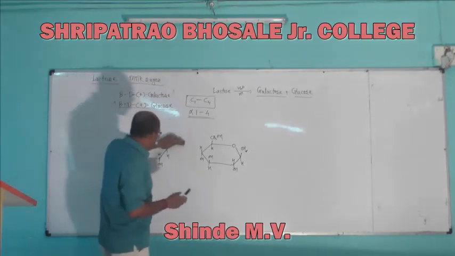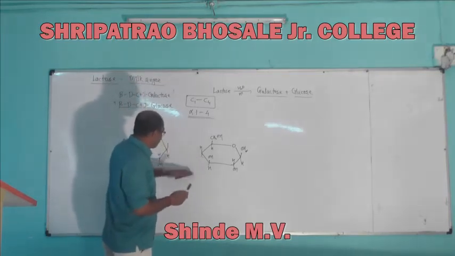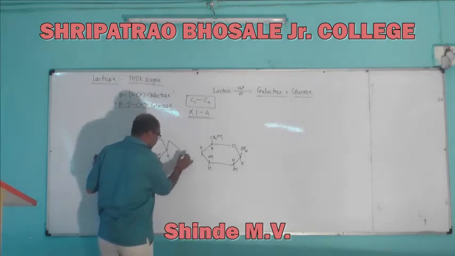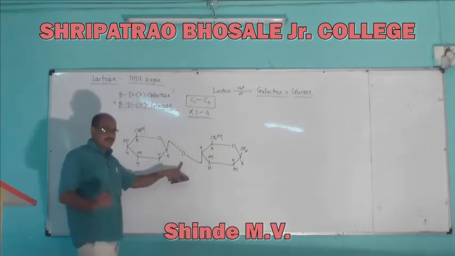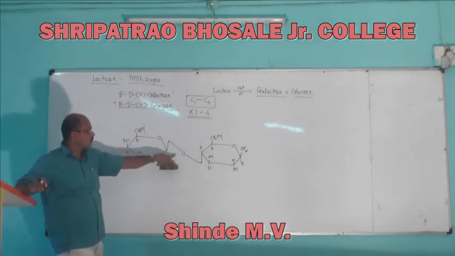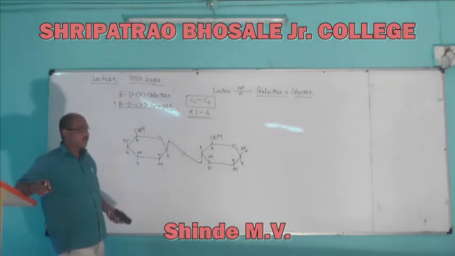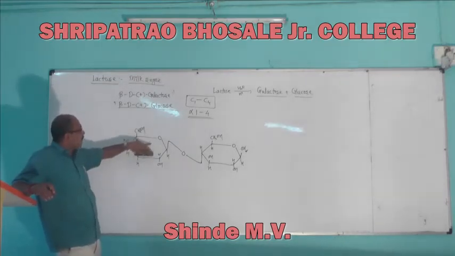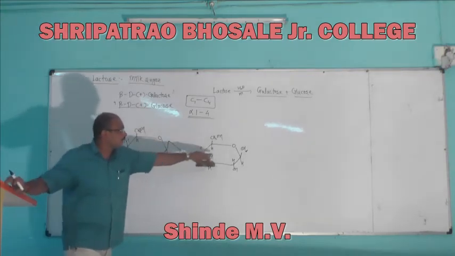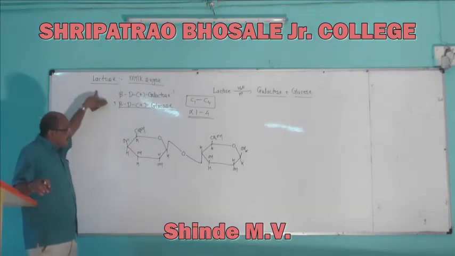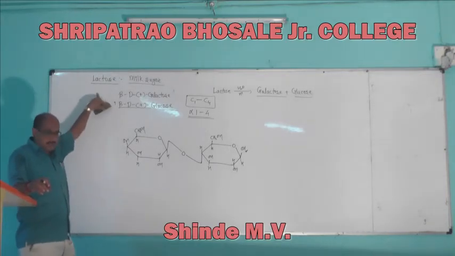This glycosidic bond is present in lactose, which is a milk sugar. Beta D galactose, beta D glucose: this is the structure of the lactose molecule, which is a milk sugar.